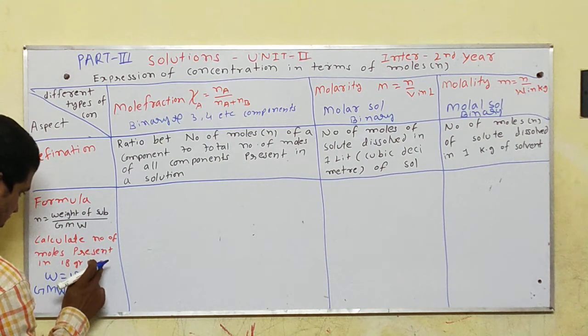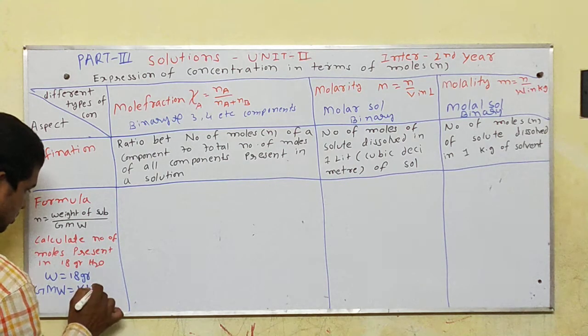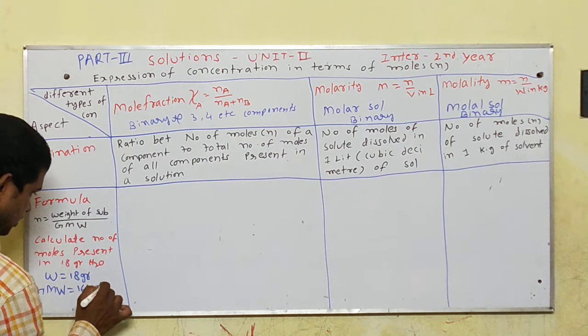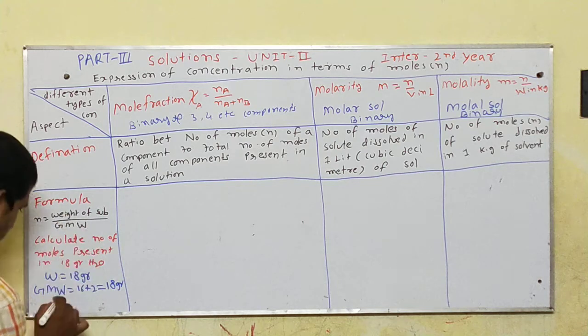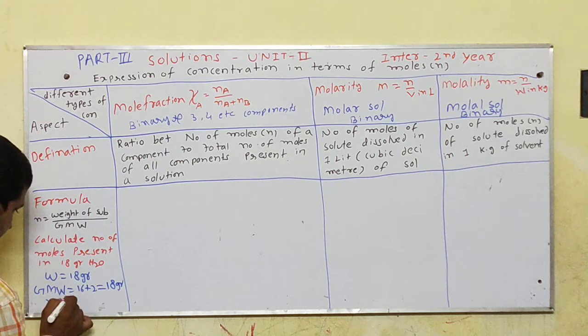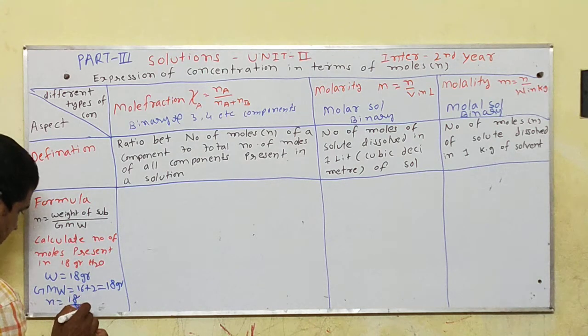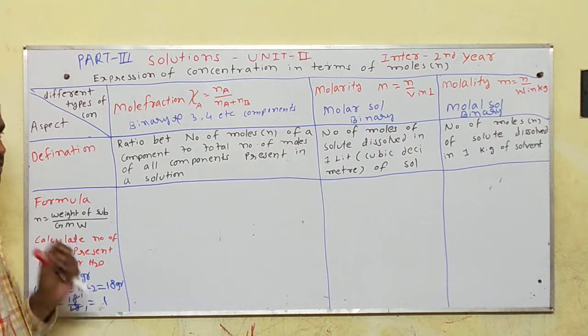The atomic weight of oxygen is 16 and hydrogen is 1 plus 1, 2, so it equals 18 grams. As per the formula, n equals 18 by 18. Substituting these values in the formula, 18 gets cancelled. So the number of moles present is 1.